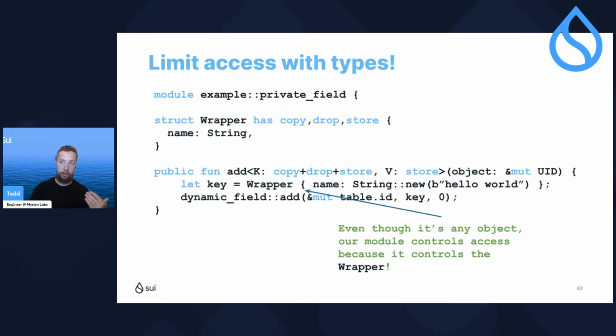And that's what I was saying earlier about it being really important that we include the type information inside the hash of the dynamic field API or the ID, because that way we get this sort of private field ability with dynamic fields.